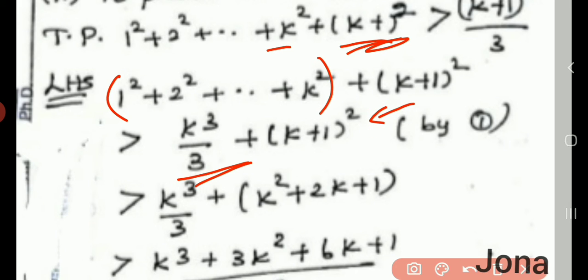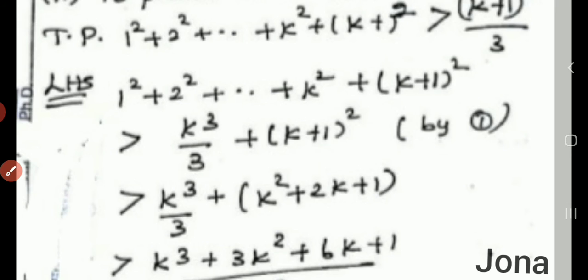So now we want to take this expansion of k plus 1 the whole square, that is k square plus 2k plus 1. And then I want to take the LCM for this. Therefore the LCM is k cube plus 3k square plus 6k plus 3 plus 1, the whole divided by 3.